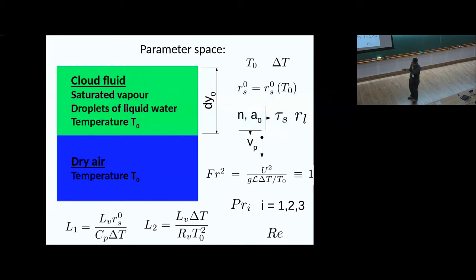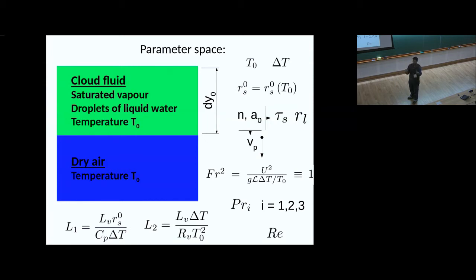There's another parameter there, which is the thing that goes into the exponential in the law that governs saturated conditions. But most importantly, there is the number of water droplets per unit volume in your cloudy air, the size of those water droplets, and those two give these other three parameters which we'll be interested in.